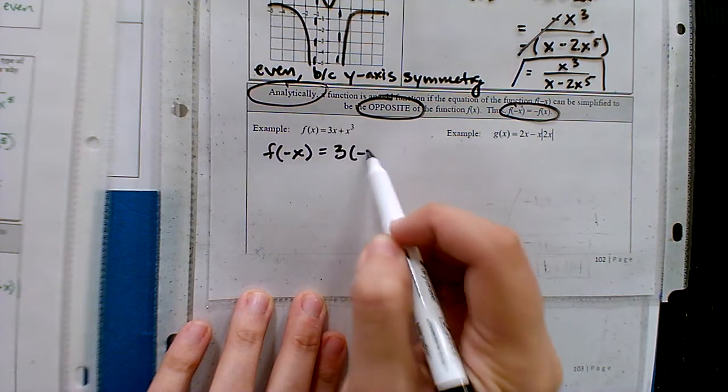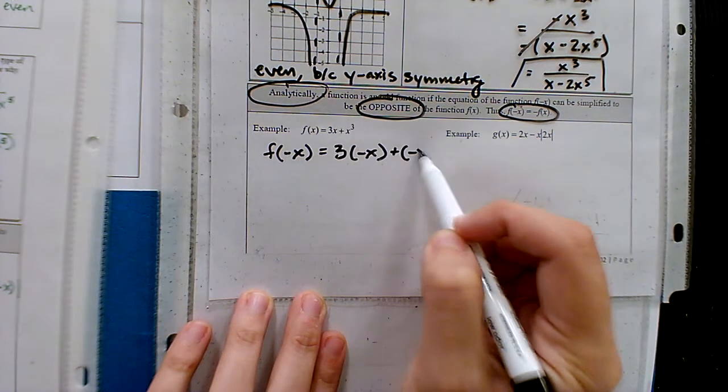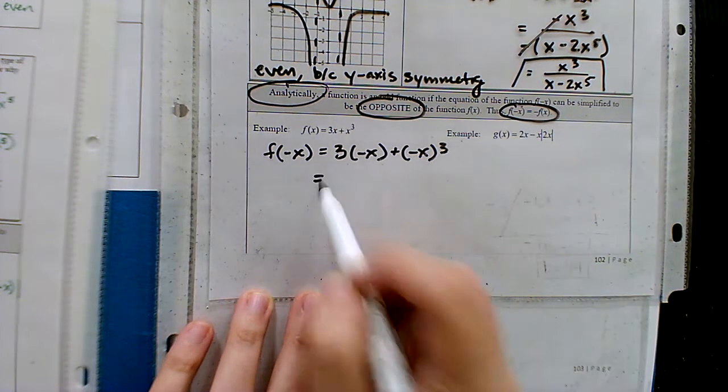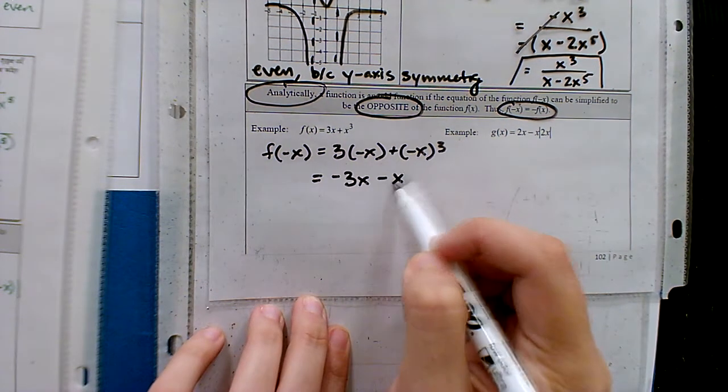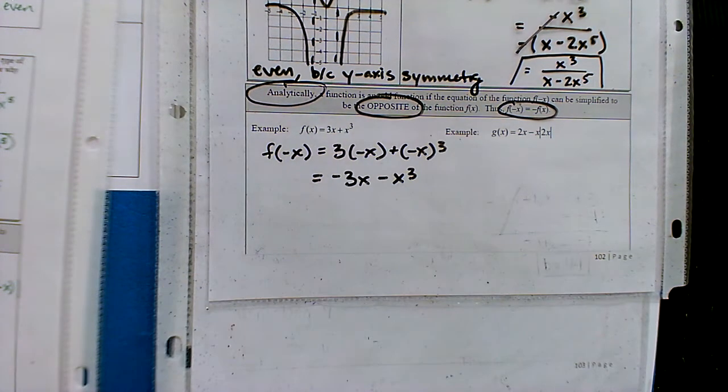If we plug in negative x and we simplify it, is it the opposite of the original?